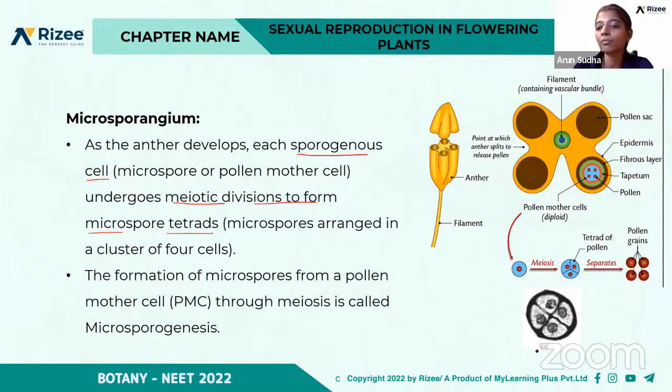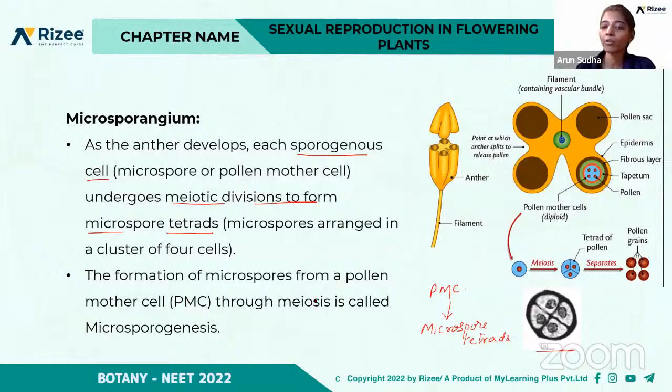This is the structure of a microspore tetrad, right? So this is the pollen mother cell, which undergoes meiotic division to form microspore tetrads, right? So each cell forms four cells.